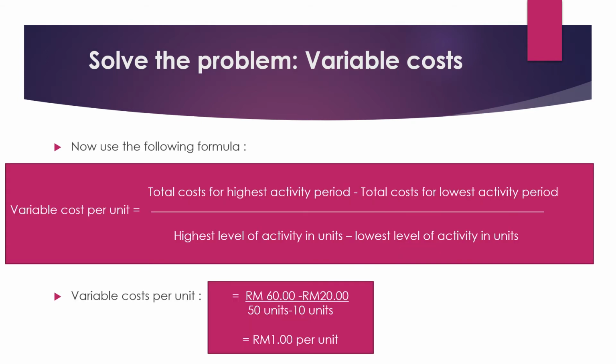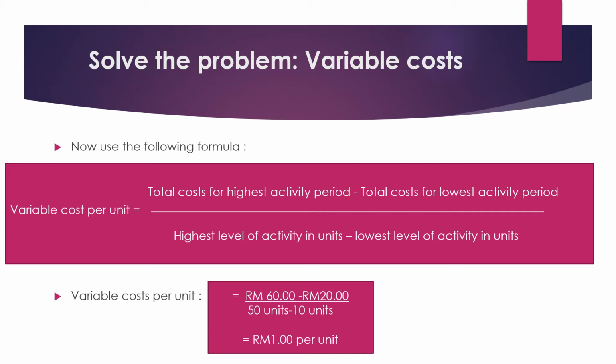We can use this formula to find the variable cost per unit. Variable cost per unit equals total cost for highest activity period minus total cost for lowest activity period, divided by highest level of activity in units minus lowest level of activity in units.